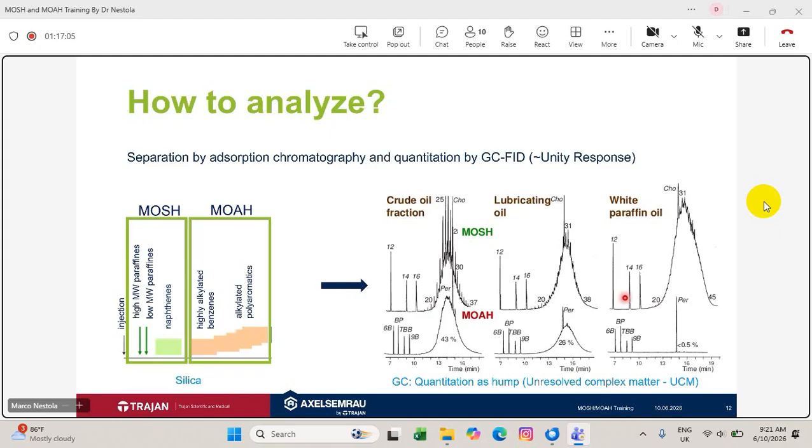Of course, when you are analyzing foodstuff, you are not analyzing pure mineral oil. You have refined food or refined edible oil.